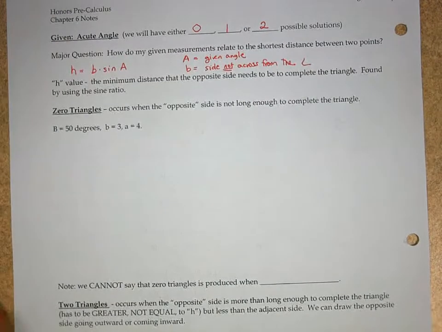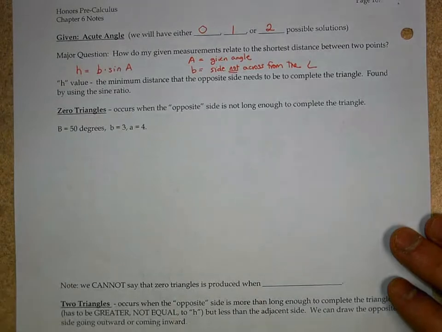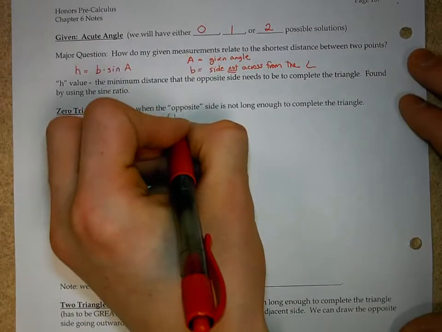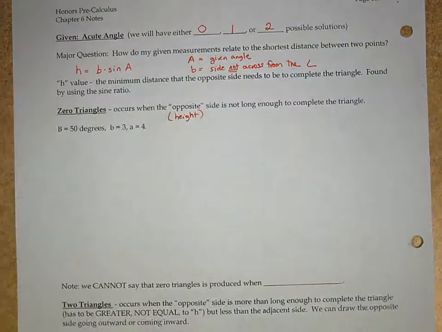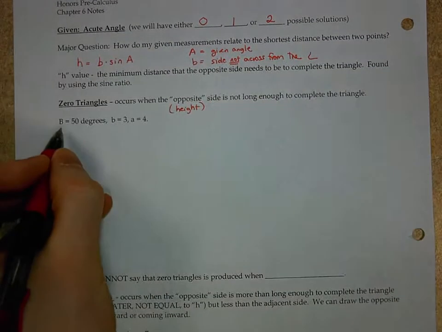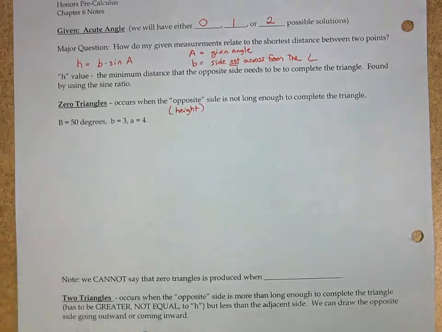The first situation that we're going to run into is zero triangles. It occurs when the opposite, or that height, is not long enough to complete the triangle. Here I'm given angle B is 50 degrees, side B is 3, and side A is 4.